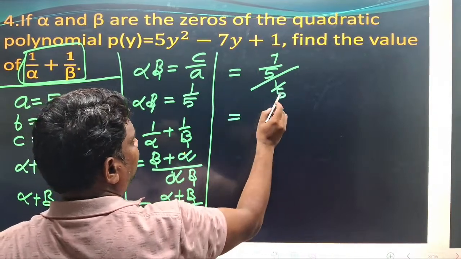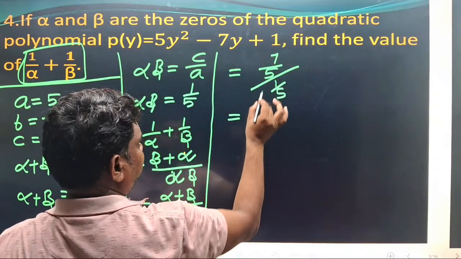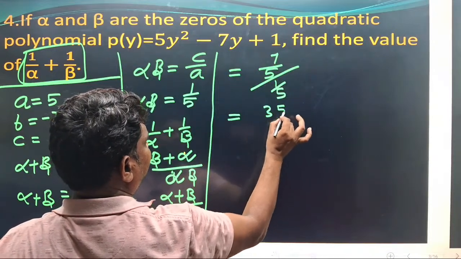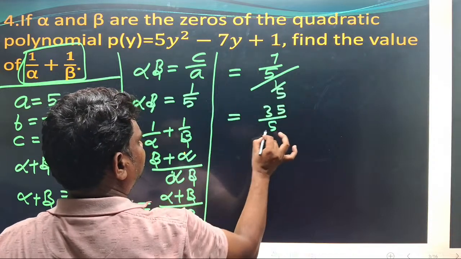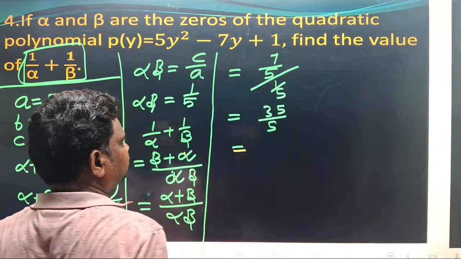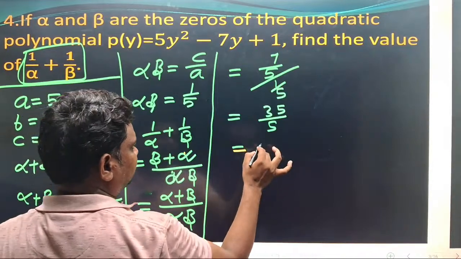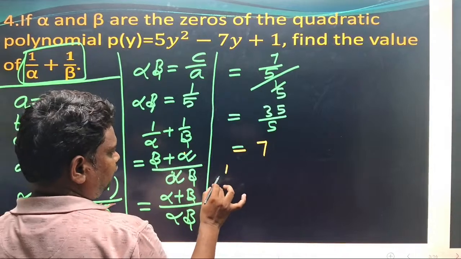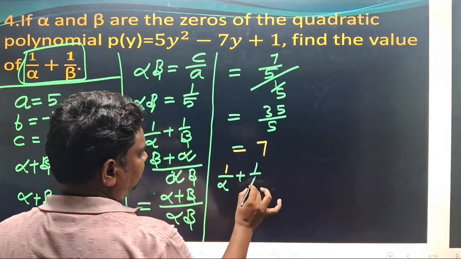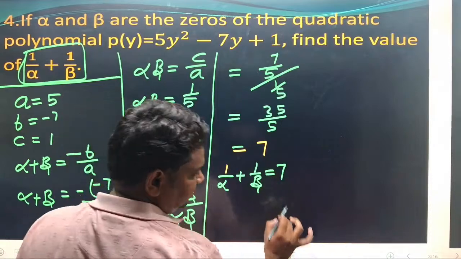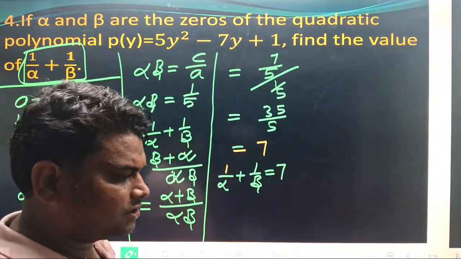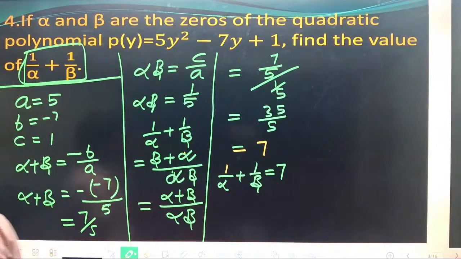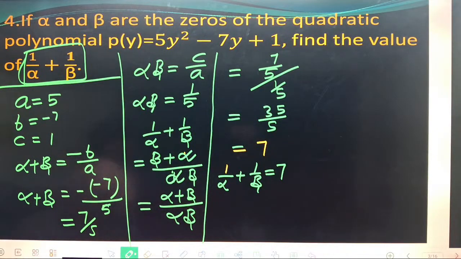Now 5 multiplied by 7, 7 5s are 35, and 5 ones are 5. So 5 divides 35, which is equal to 7. The value of 1 upon alpha plus 1 upon beta is 7. Answer is 7. Akanksha, very good, both your attempts are correct.